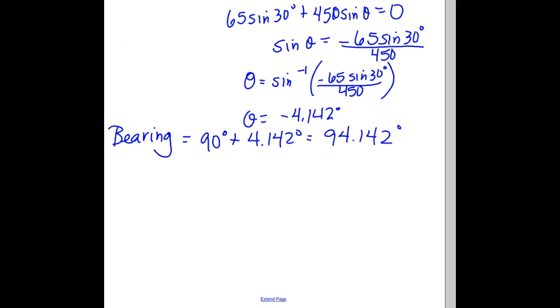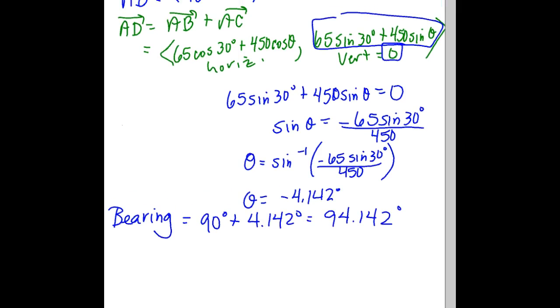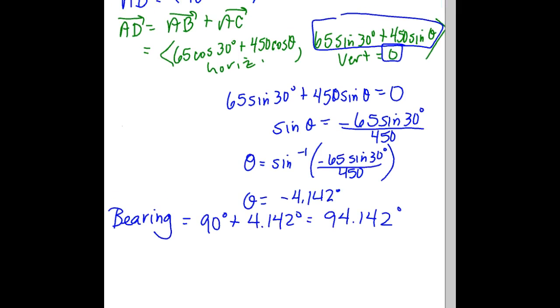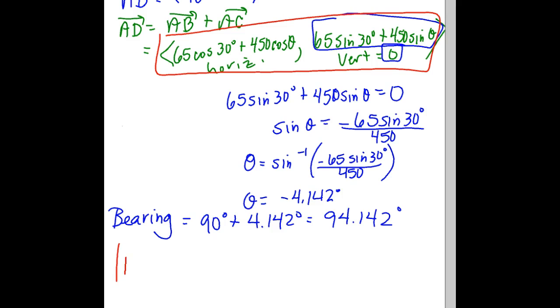Okay. The second question is they want us to figure out the magnitude or the speed of vector AD, the resulting vector. Okay, so let's go back to what we had for vector AD. Okay, we had this. Yes? That was our vector. So we have the magnitude of AD.